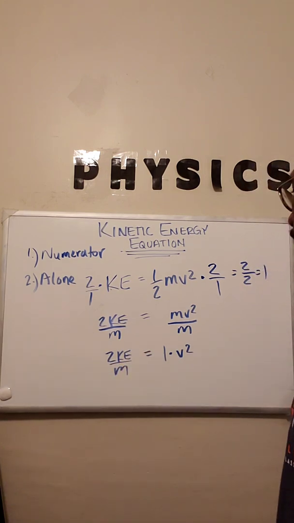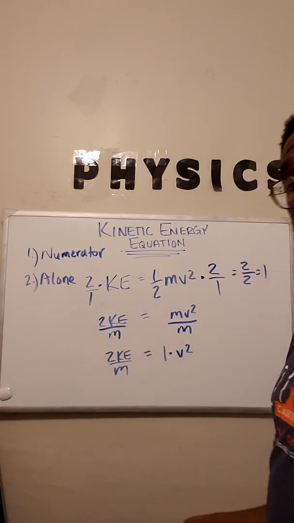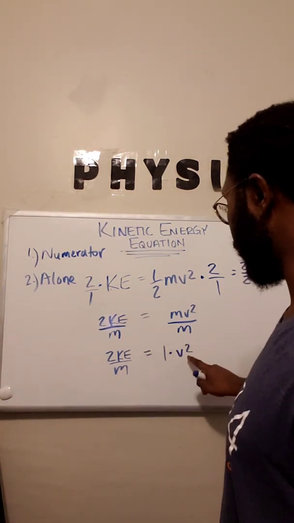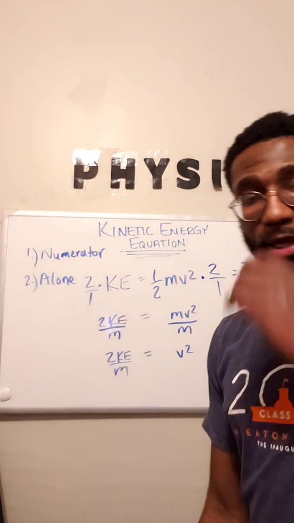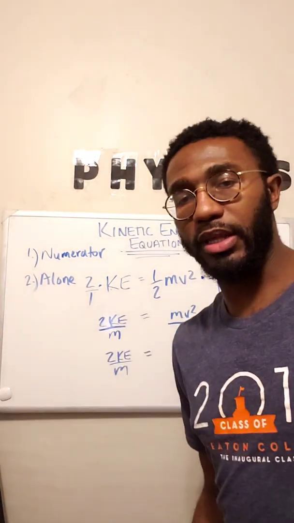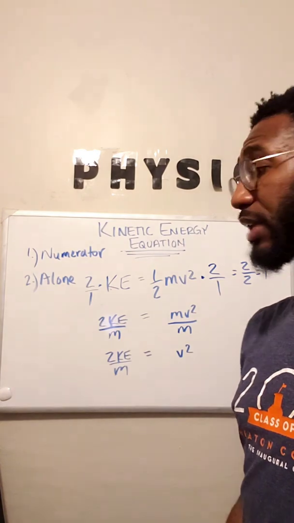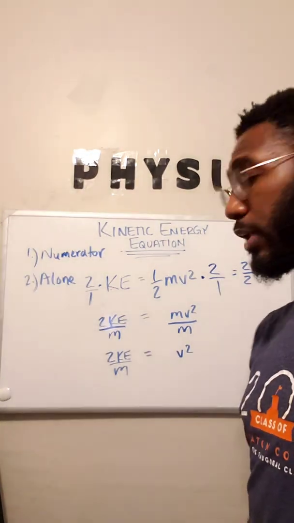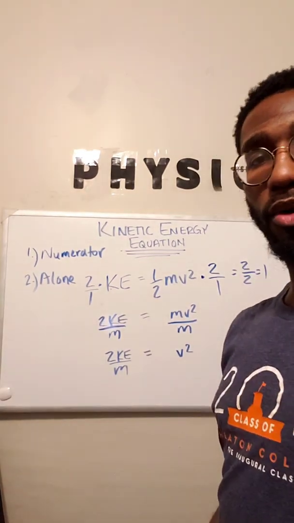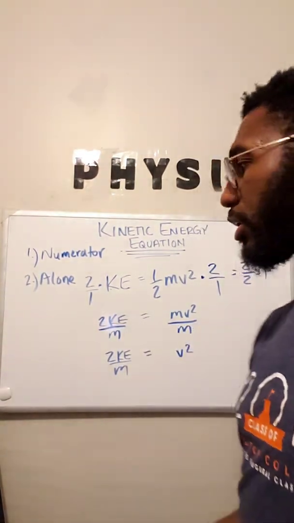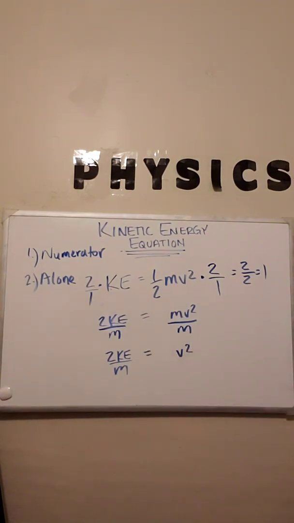All right? So anything times 1 doesn't change at all. So v squared times 1 is still going to equal v squared. But the velocity is a little tricky. So we thought we got the velocity by itself here, but it's actually not quite by itself yet because it is still being squared, all right? So in order to truly get the velocity by itself, we also have to get rid of it being squared, okay?